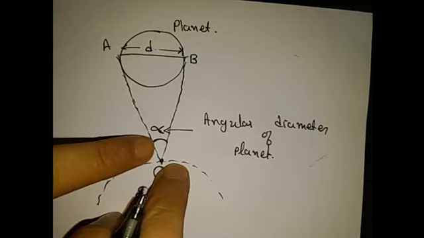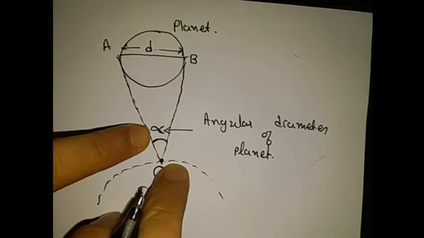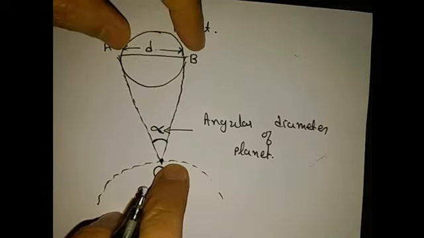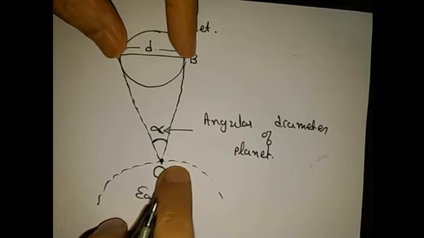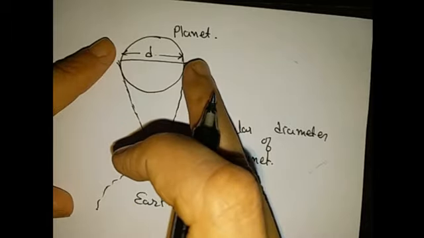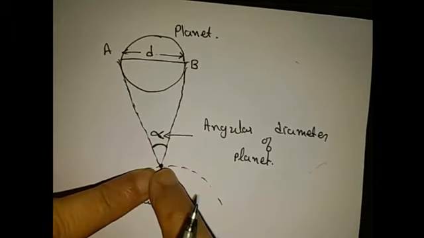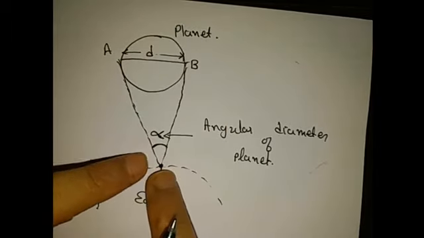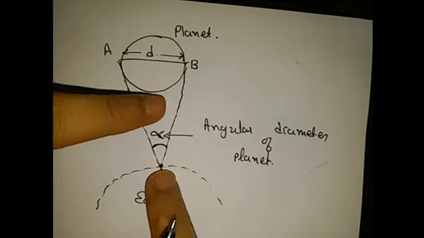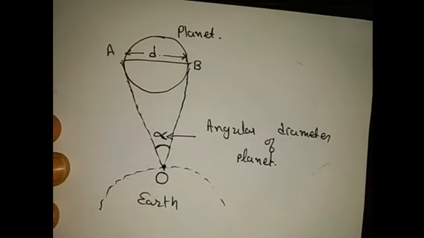Okay, ये alpha is angular diameter. कौन subtend करता है? This AB. AB क्या है? AB is diameter of the planet. So angle subtended by diameter of planet on earth is known as angular diameter of that planet on earth. Okay, so हमने alpha measure कर लिया.